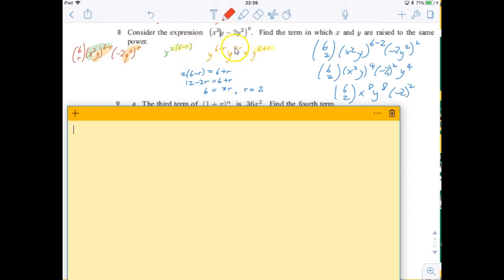Putting together the exponents, same base twice, I added them, so 6 minus r plus 2r becomes 6 plus r.